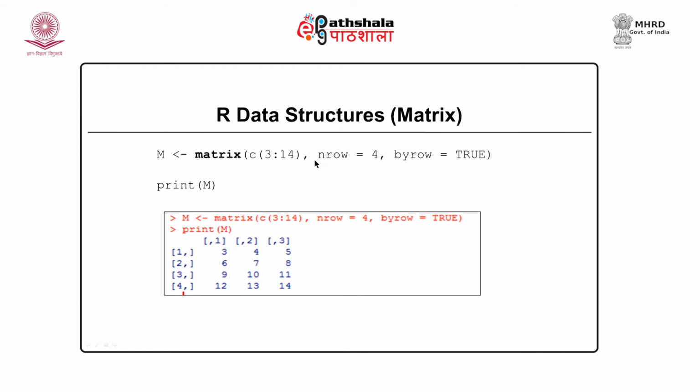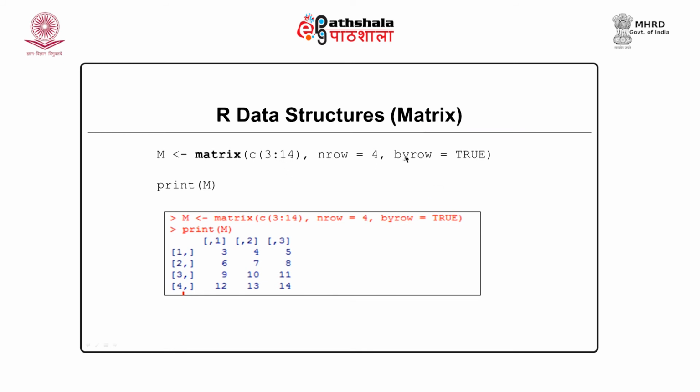We require the number of rows to be 4 and the elements must be arranged by row, that is true. We are storing the matrix in the variable m, and when we print m, it displays the matrix. This is the R command line interface.